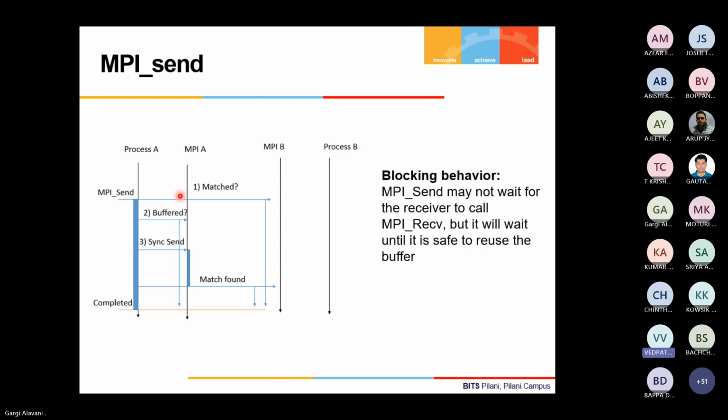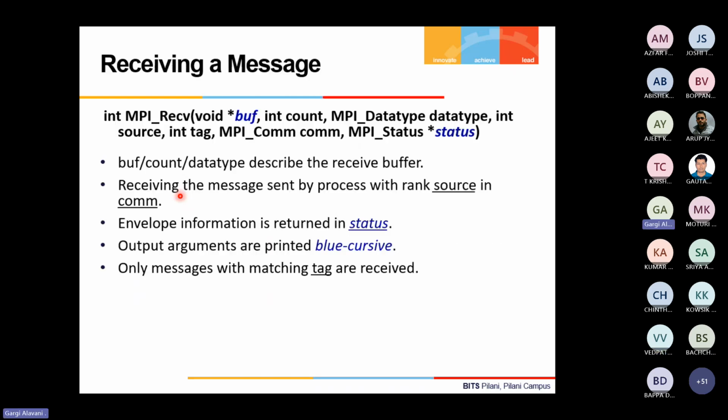But if the receiver process, process B in this case, doesn't read the buffer at all, what happens? If you see the function here, MPI receive will give you the answer. You provide the buffer, the same buffer. You have to provide the count and the data type.